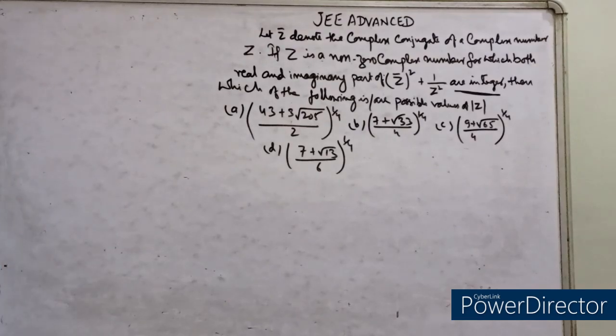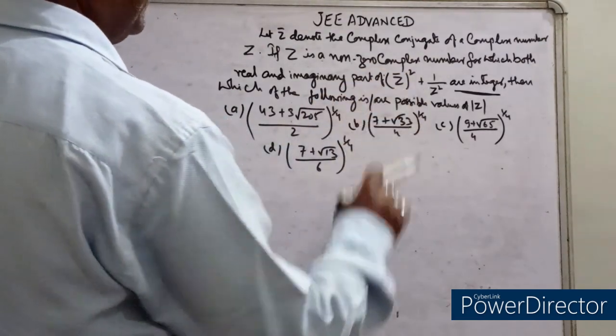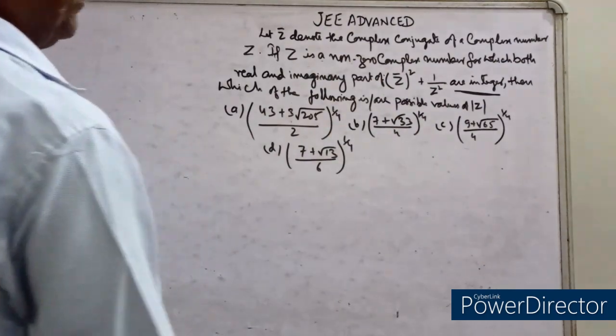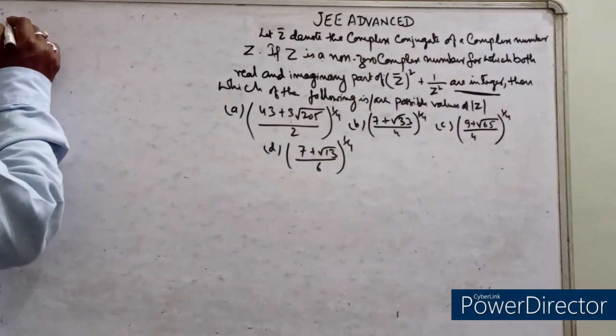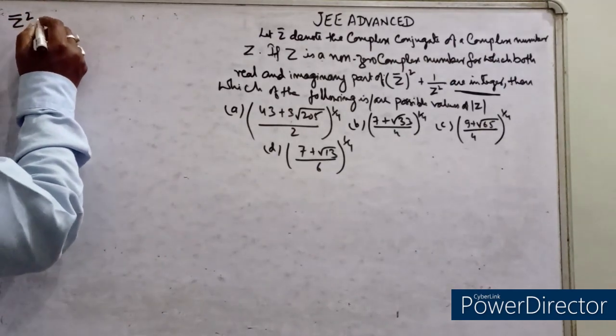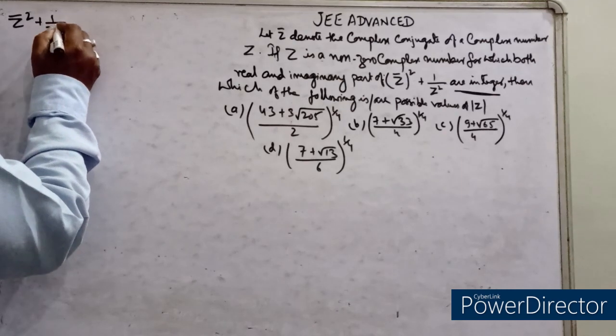Here, after trying some hit and trial method, I got one conclusion. See, what is the conclusion I got here? You see this z bar square plus 1 by z square.